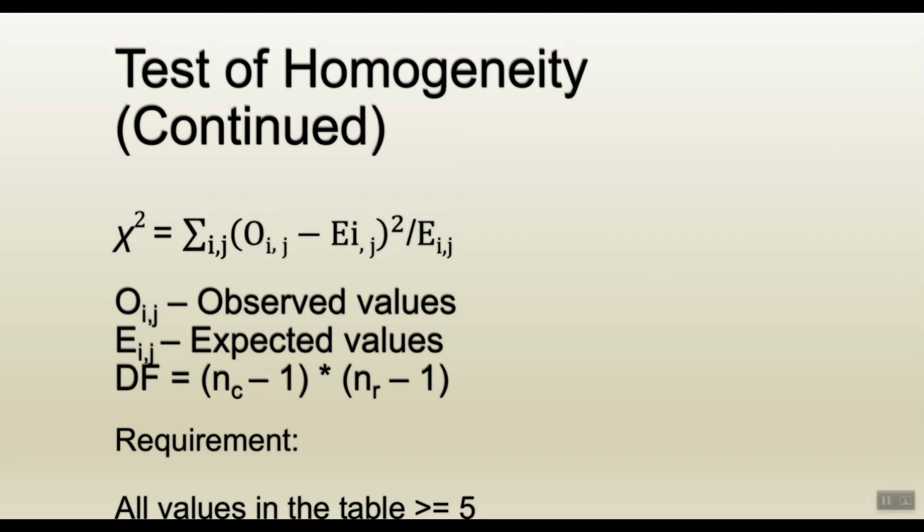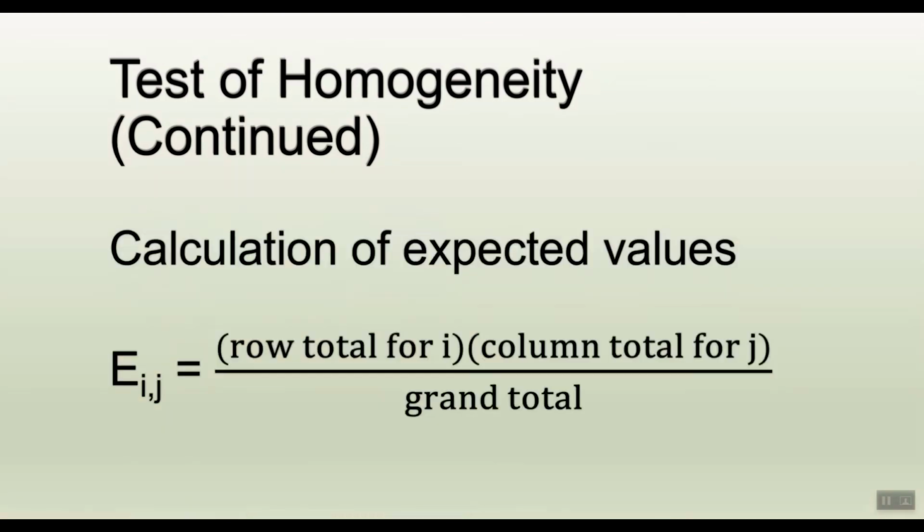Here's my special requirement: all values in the table should be greater than or equal to 5. I have a similar calculation of expected values. The row total for i times the column total for j divided by the grand total will give me the expected value at row i and column j.